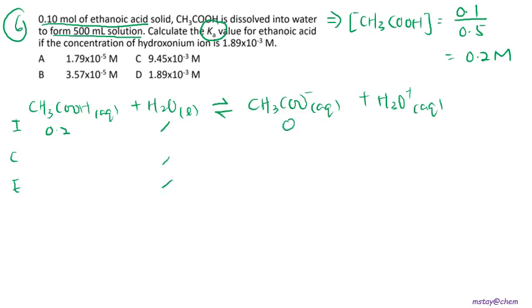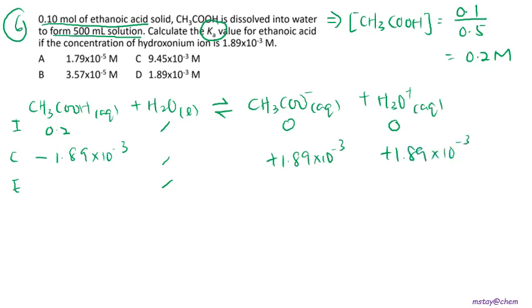There is no CH3COO negative and also H3O plus. Because the reaction will move forward, which is minus 1.89 exponent negative 3, and then plus 1.89 exponent negative 3, plus 1.89 exponent negative 3.